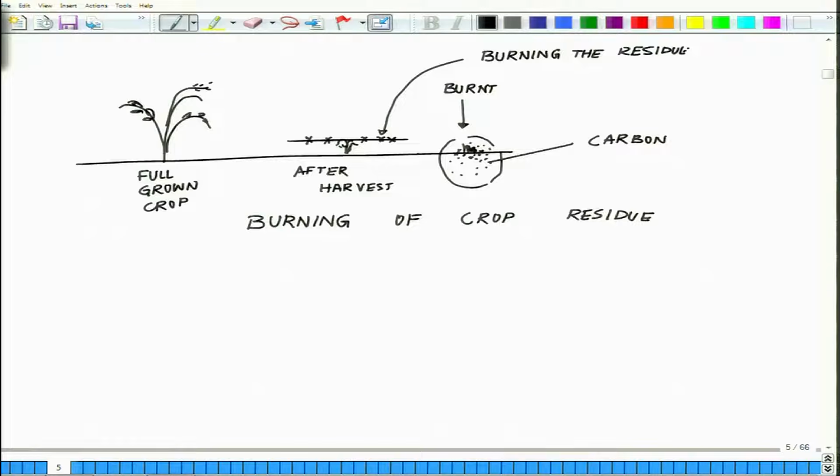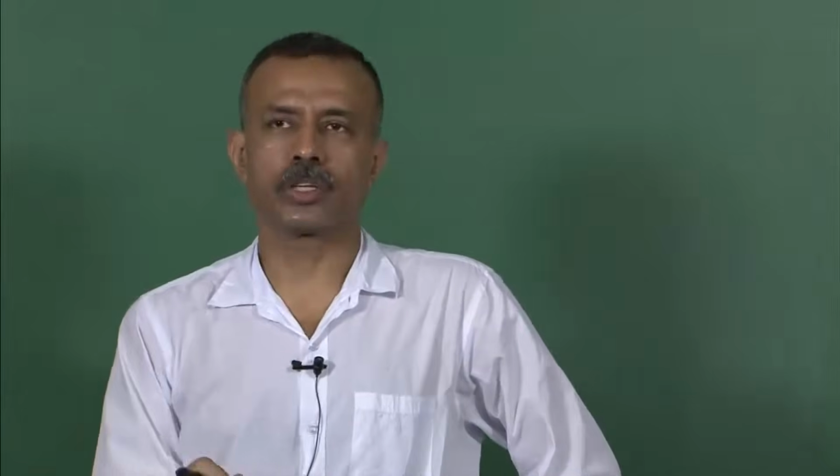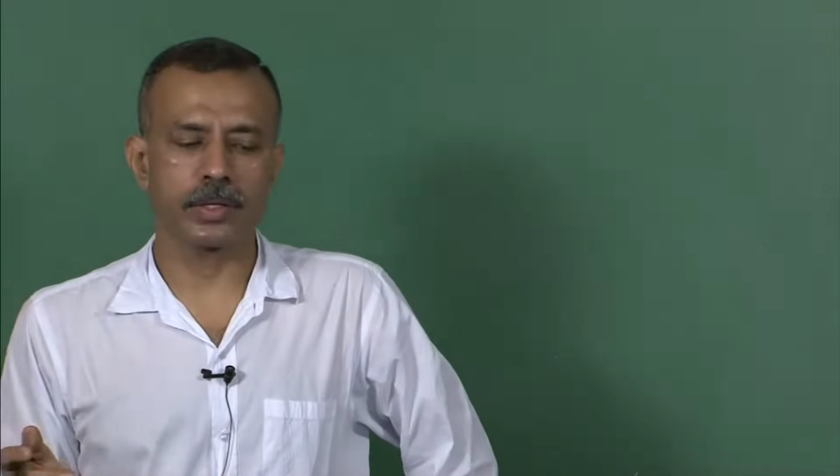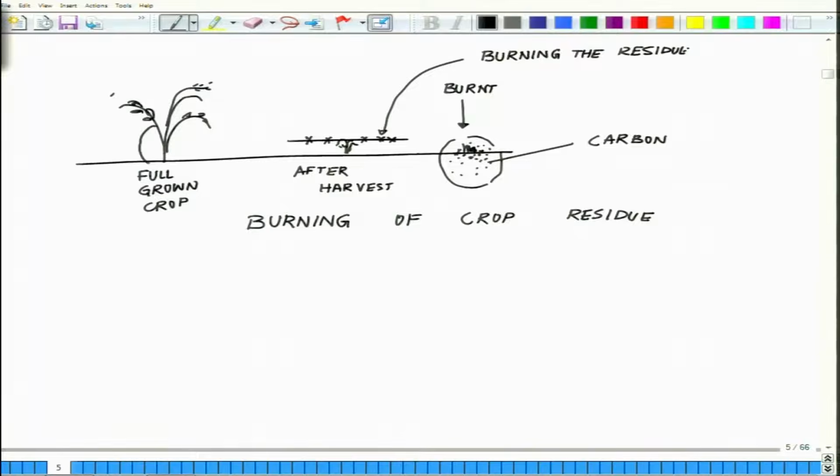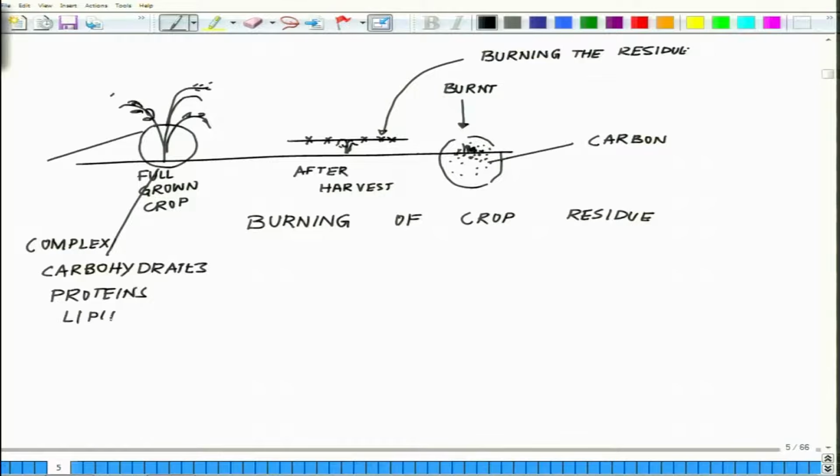Now, in this process, essentially, when the biomass was there, it was carbon in a polymeric chain in the form of polysaccharides, pectin, all series of carbohydrates. Now, what do you see here? So these were having complex carbohydrates, proteins, lipids, all containing carbon.